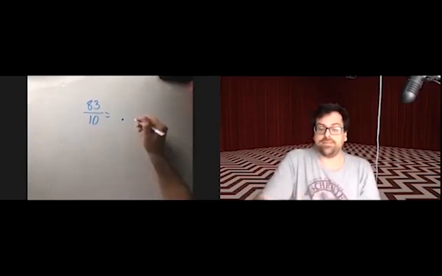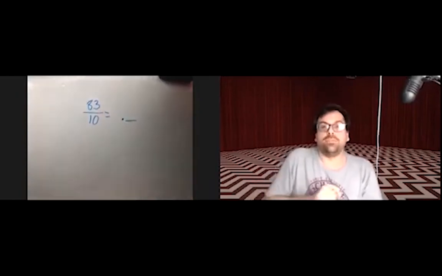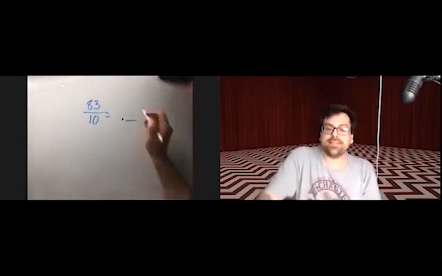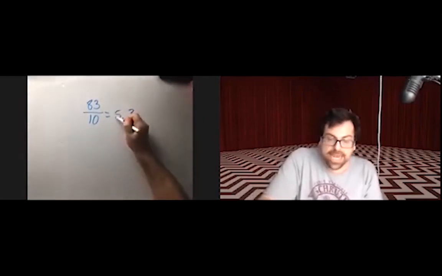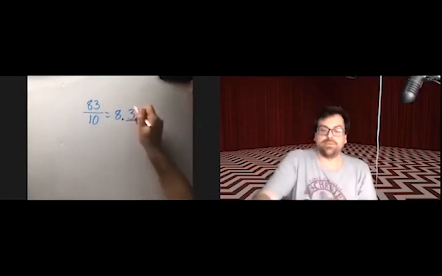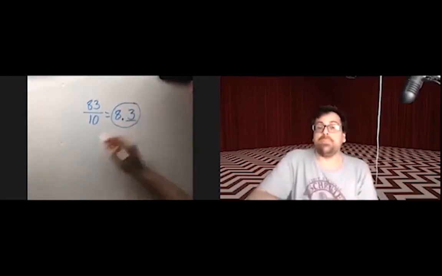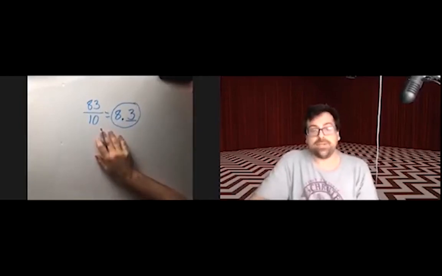Write the number so it ends in the tenths spot. The 3 has to end there, which means the 8 gets pushed to the left of the decimal. 8.3. That's the easiest way to do it.